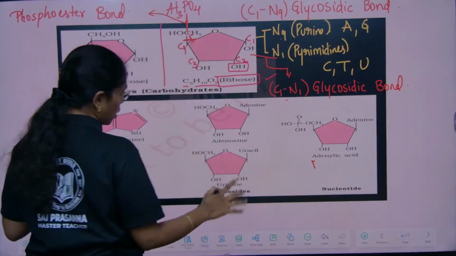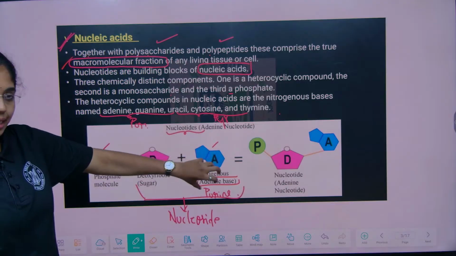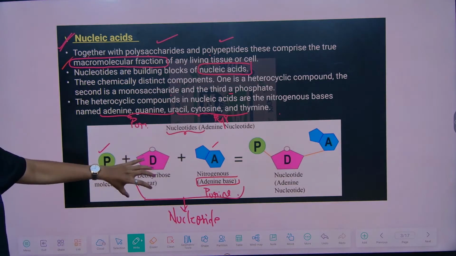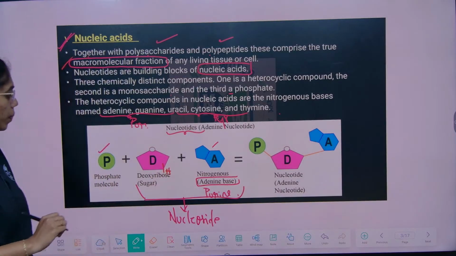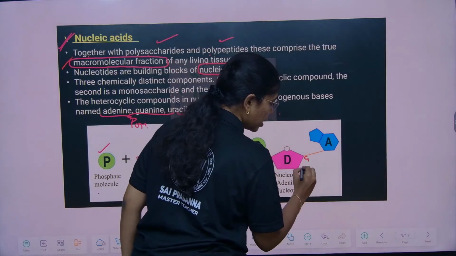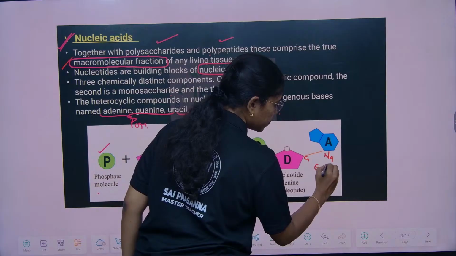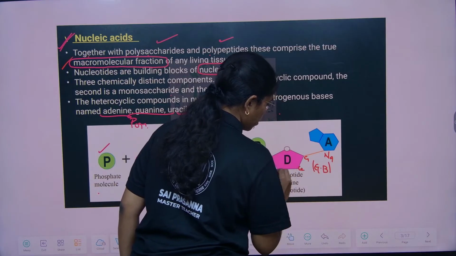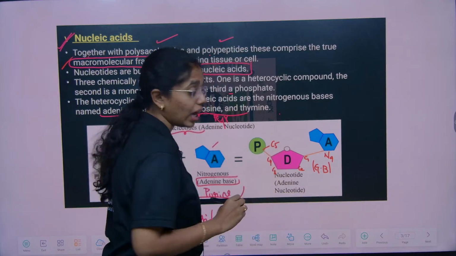Here if you observe the example given, taking adenine as the nitrogen base with deoxyribose sugar, at the second carbon there is only an H group, and here the phosphate group. Here you can observe clearly the C1 and N9 glycosidic bond, C2, C3, C4, and this phosphate group is connected via C5.